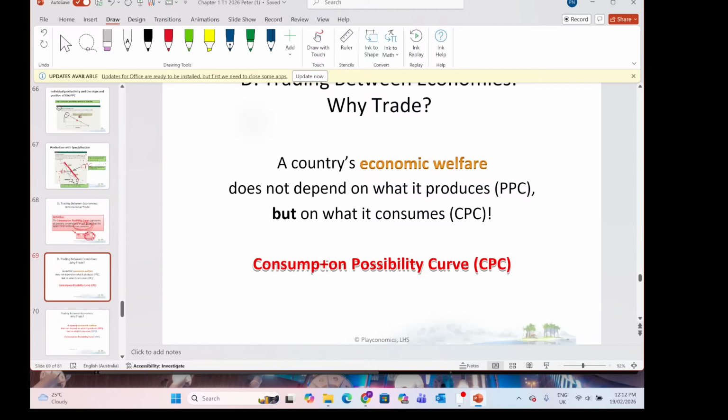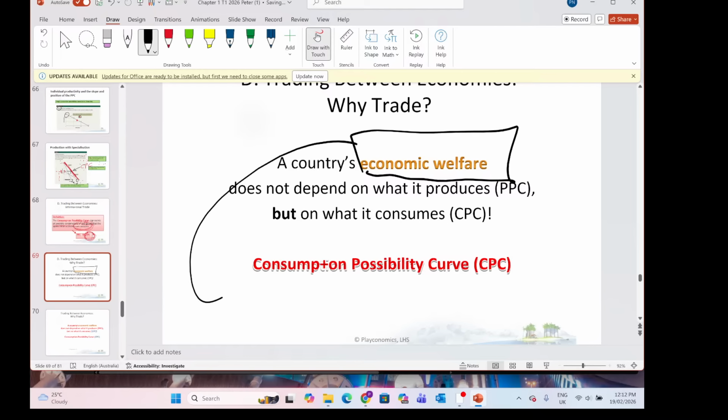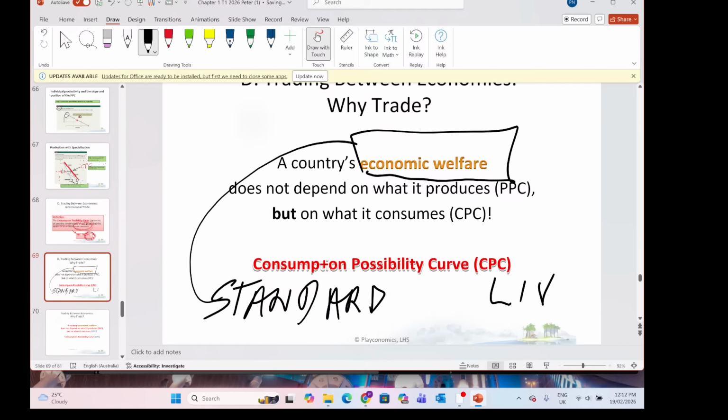So when we're thinking about the level of economic welfare in a country, in other words, what do we mean by economic welfare? We mean the standard of living. And so our economic welfare, what does it depend on? It does not depend so much on what we produce.